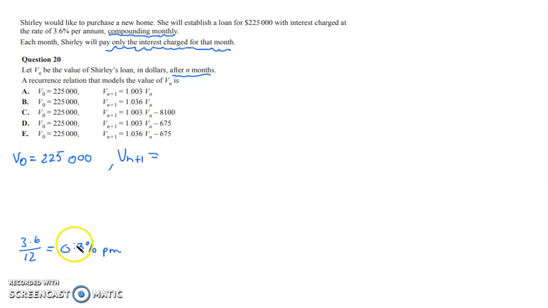Because interest is charged, we're going to be increasing our loan, so it's going to be 1 point something. So let's change this into a decimal. If it's a percentage, we move the decimal place to the left twice, giving 0.003.